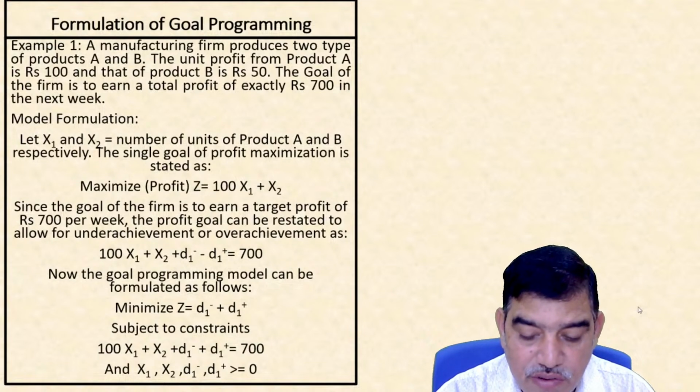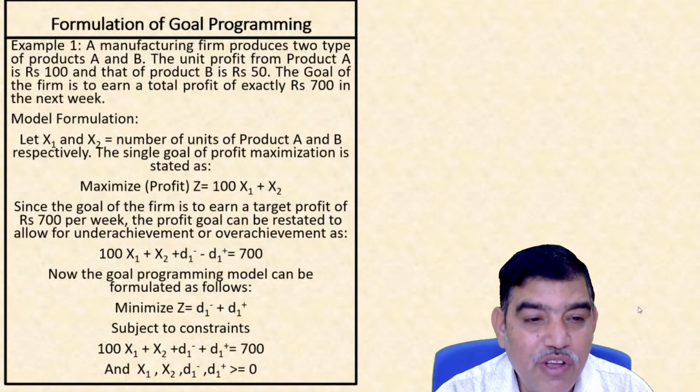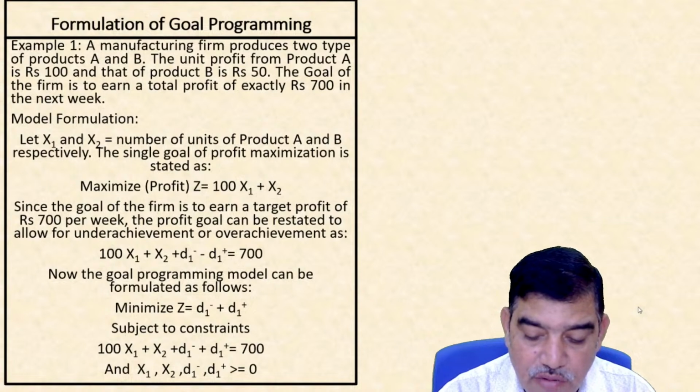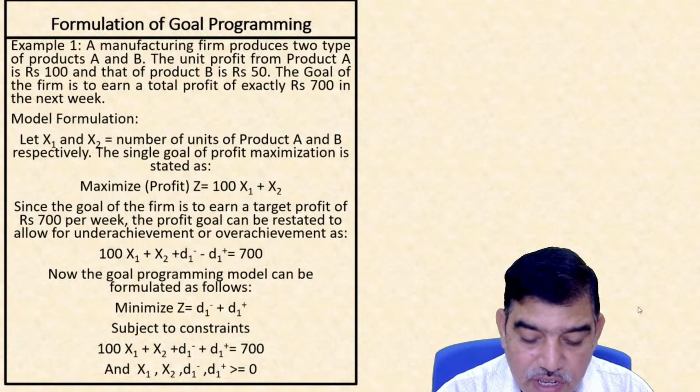So here also we write the equation: 5x1 plus 2x2 plus d1 negative minus d1 positive equal to 5,500, where x1 is total full-time salesman hours per month, x2 indicates total part-time salesman hours per month, d1 negative is underachievement of the sales goal, and d1 positive is overachievement of the sales goal.